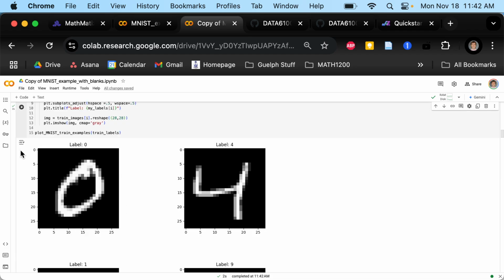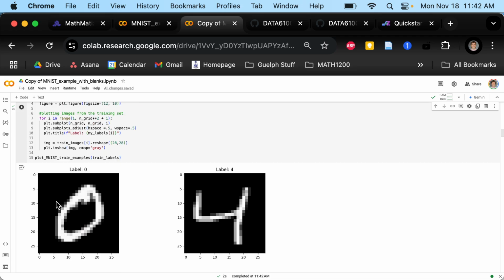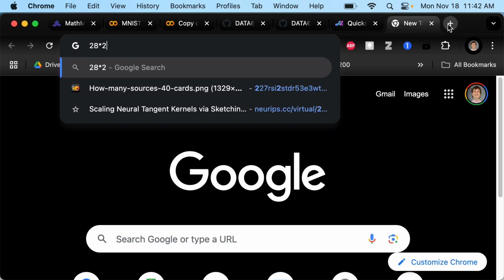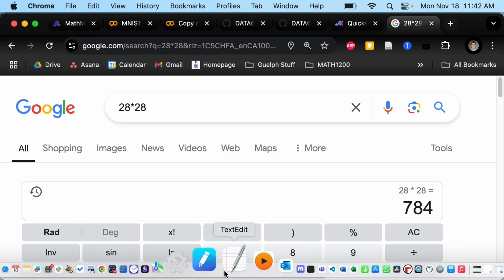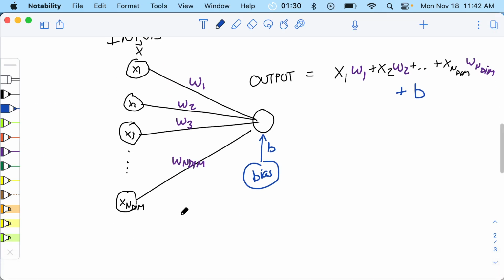One thing to notice is these 28 by 28 images, you have to know what is 28 times 28. 28 times 28 equals 784. So for this problem, the dimension here is 784. So for our problem, which is the MNIST problem, n dimension equals 784, which is what we got from 28 by 28, but we're ignoring the 2D structure and we're just treating it as one vector of size 784.